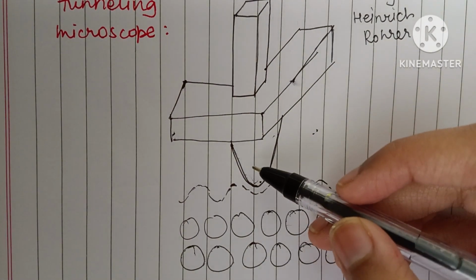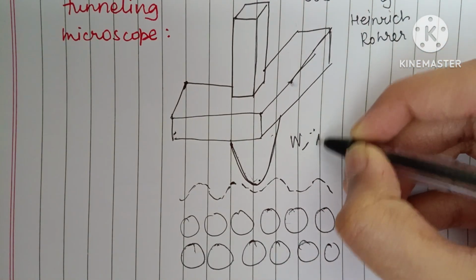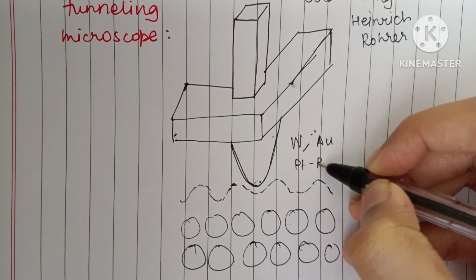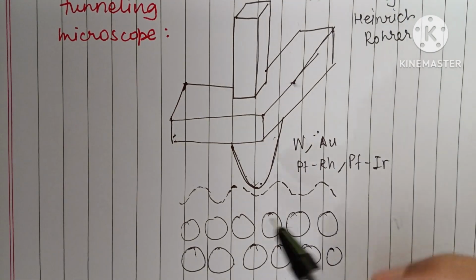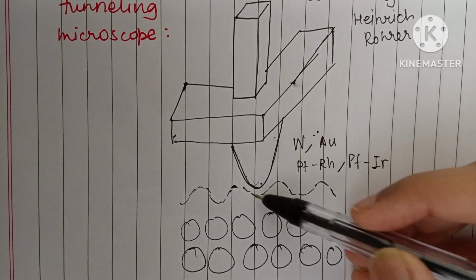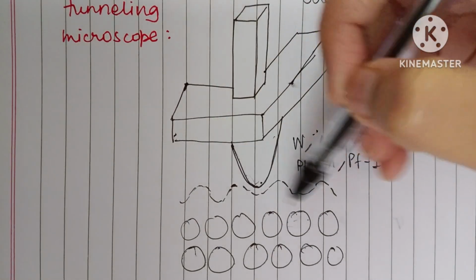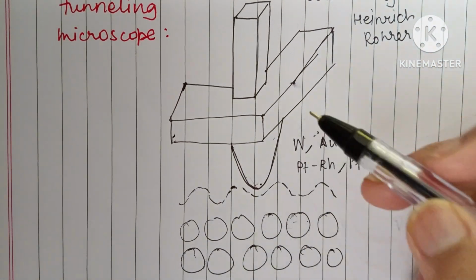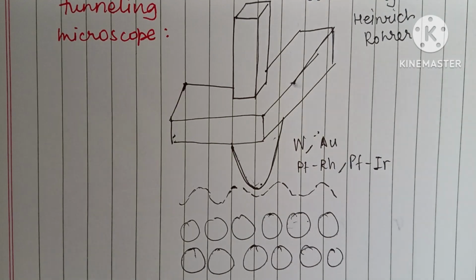This tip is usually made up of pure metals or alloys. There's a gap between the tip and the surface, and this represents the barrier. The tip and the surface are the two walls of the potential well.